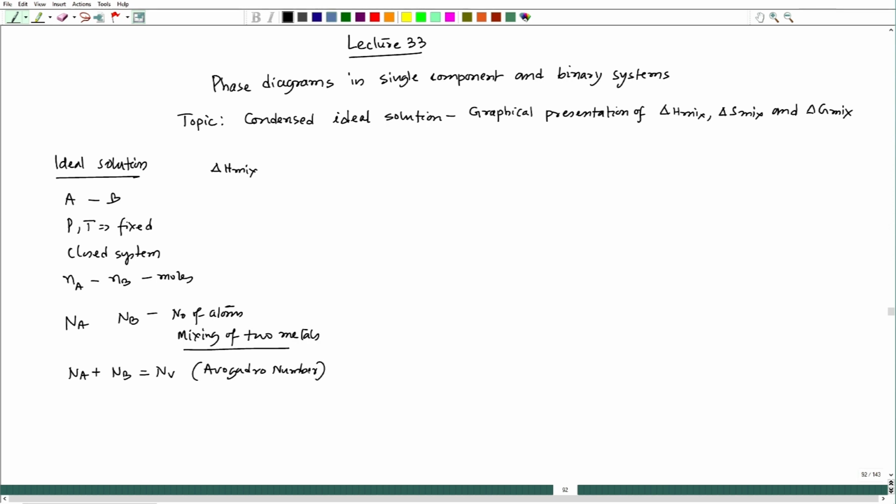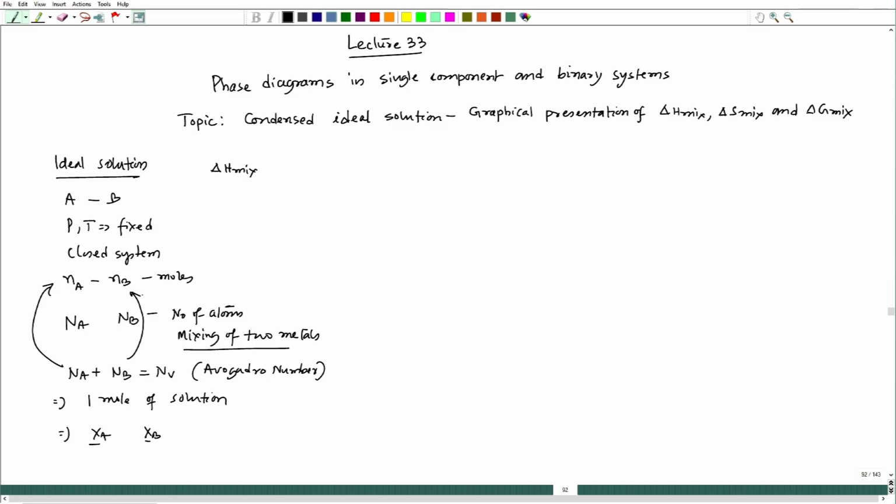Fine. It suggests that we are making 1 mole of solution, and the mole fractions Xa as well as Xb can be obtained by dividing the number of atoms by the total number of atoms. Since it is 1 mole, we can get the mole fraction.